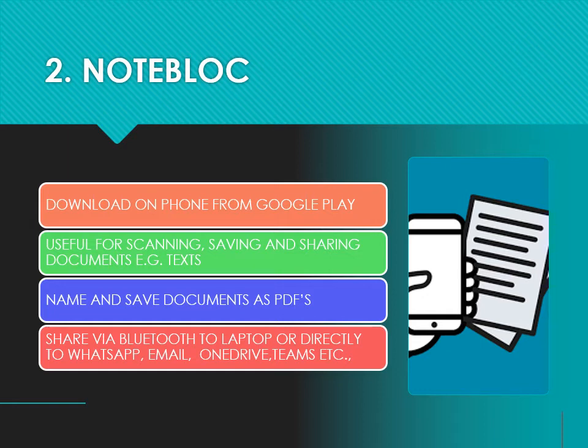So then you can share them to your own laptop, for example, via Bluetooth, or even if you wanted to share it directly to students, you can do that by sharing it to WhatsApp or sending it via email or sending it to Teams or OneDrive, etc.